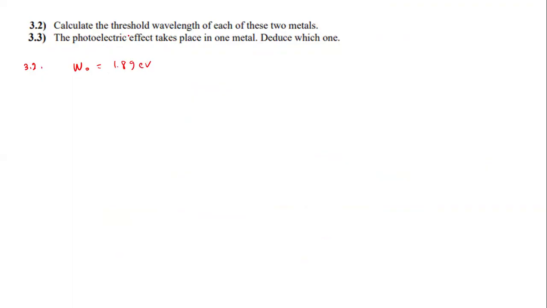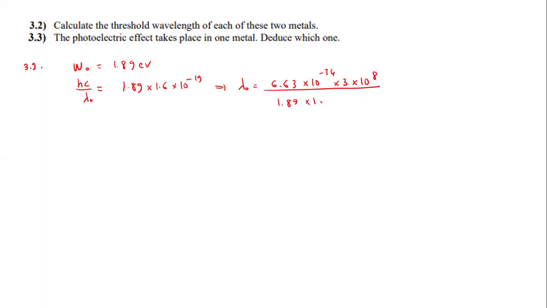So to find the threshold wavelength, hc over lambda 0 equals 1.89 times 1.6 times 10 to the power negative 19, in joules, which means lambda 0 equals hc over that, 6.63 times 10 to the power negative 34 times 3 times 10 to the power 8, over all this value.